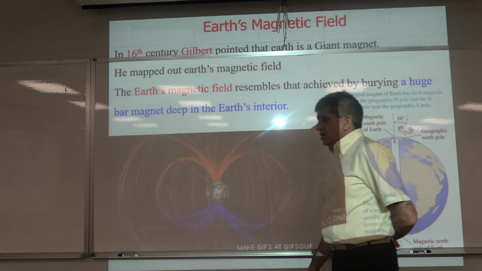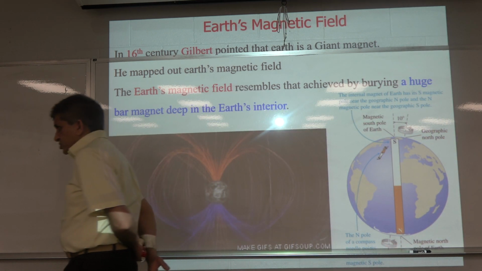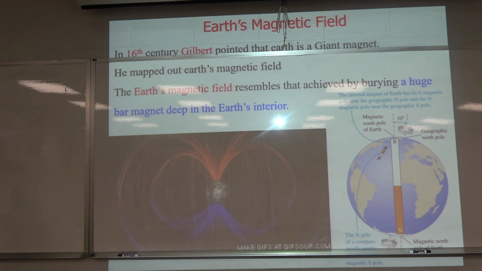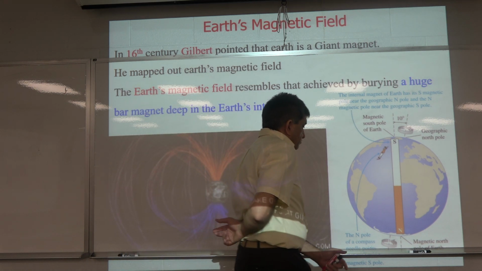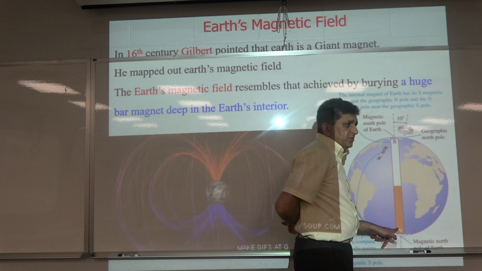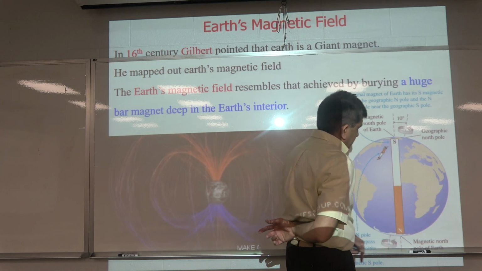So when we say we are going towards north, that is the geographical north, but it is a magnetic south. And when we say we are going towards south, we are talking about the geographical south, right? But over there, you see that there is a north pole of the magnet.